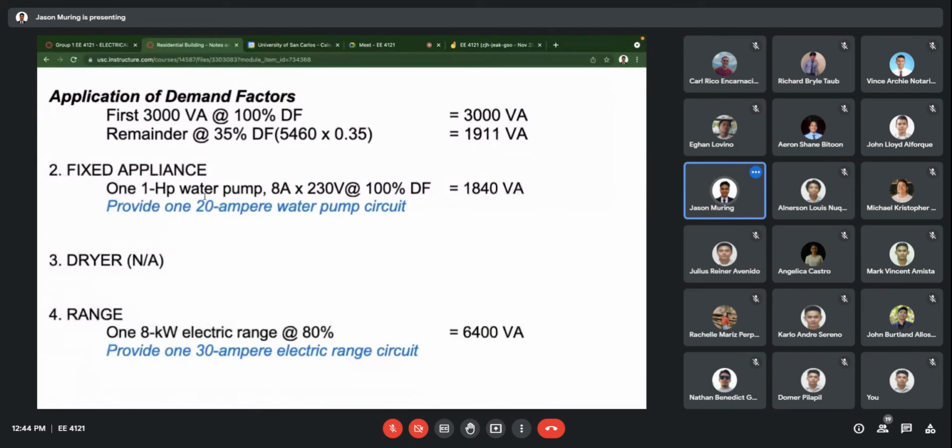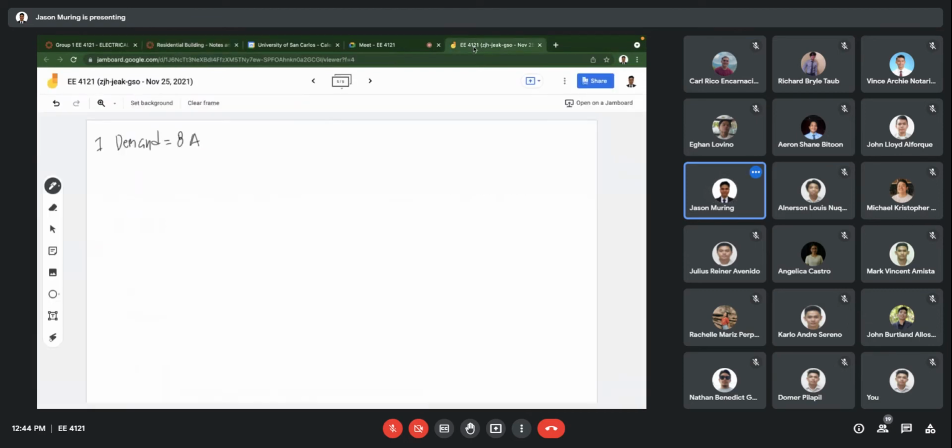So 20 ampere. Therefore we are going to use number 12, THN. Okay, so 12. So by the way, since this is a water pump, probably some part of the circuit will be outside.